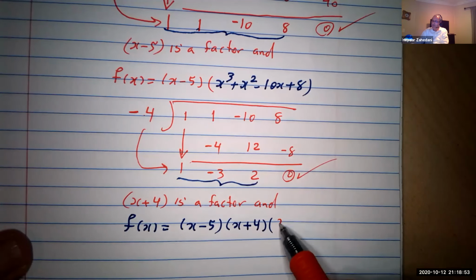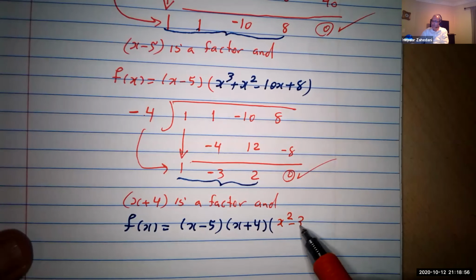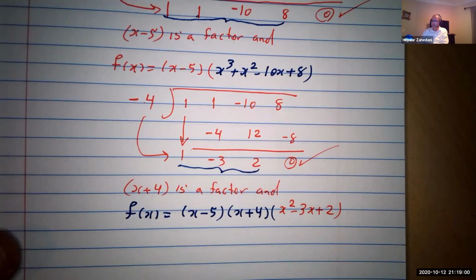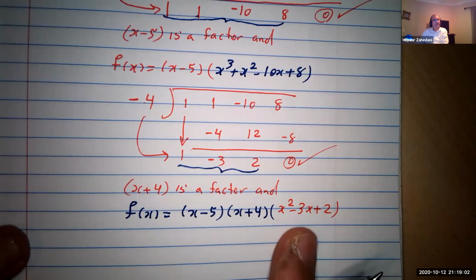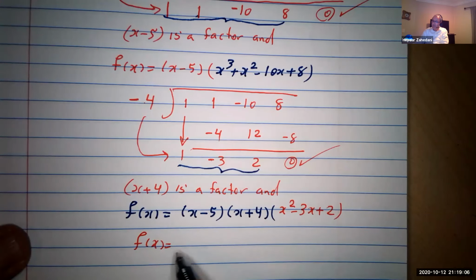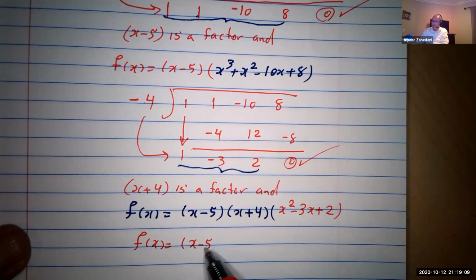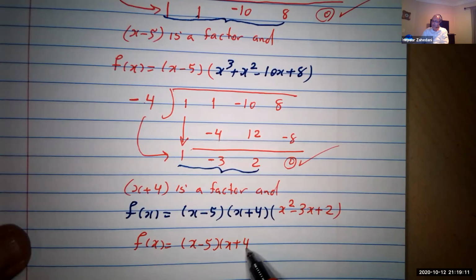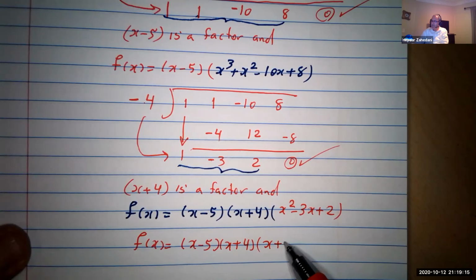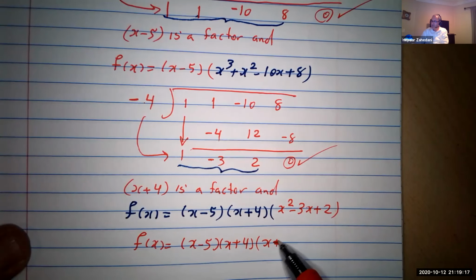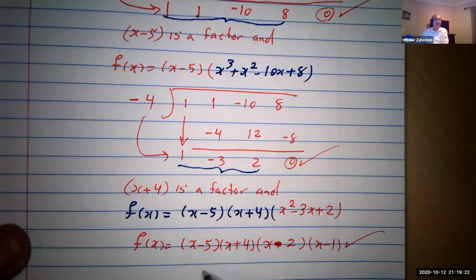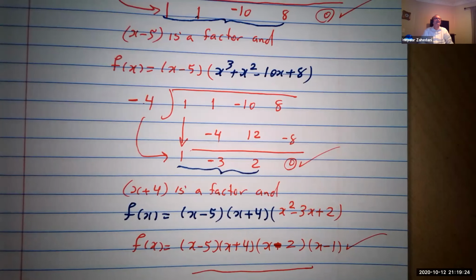So it's going to be x squared minus 3x plus 2. Now we can factor this one easily. So f of x is equal to x minus 5 times x plus 4 times x minus 2 times x minus 1. That gives the complete factorization of the given polynomial.